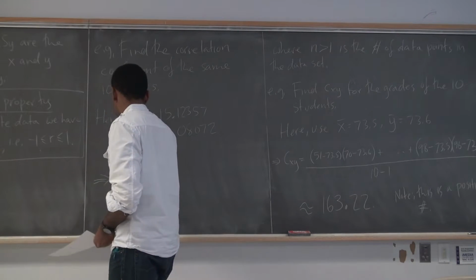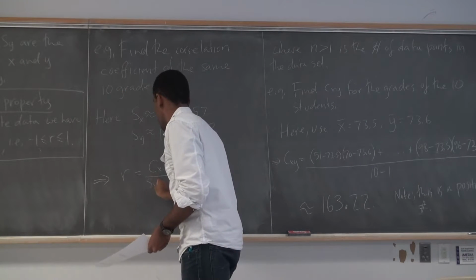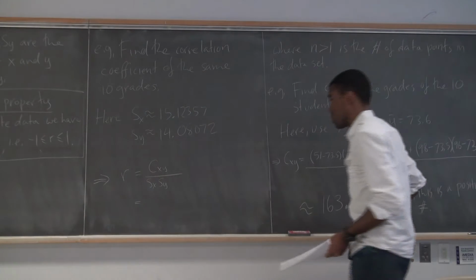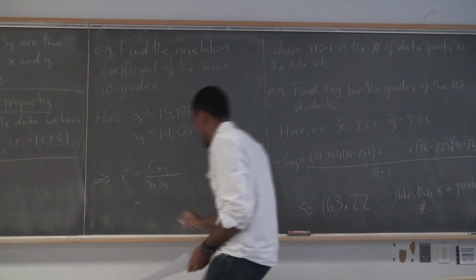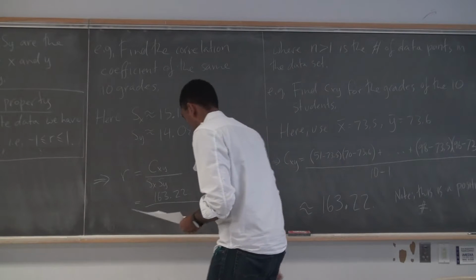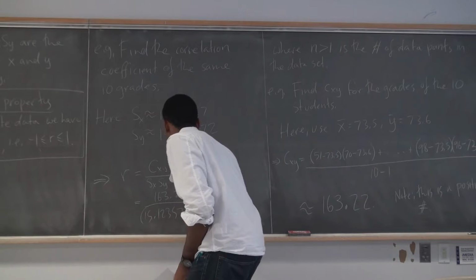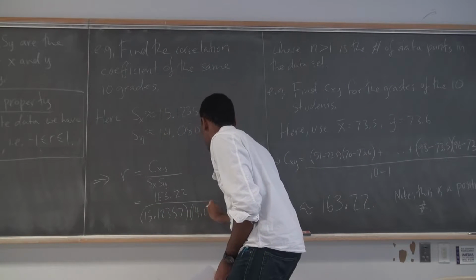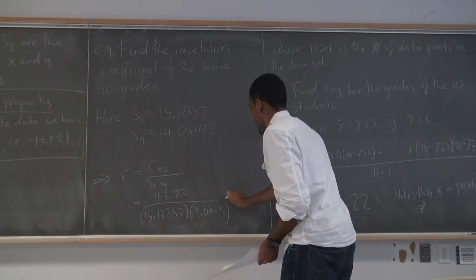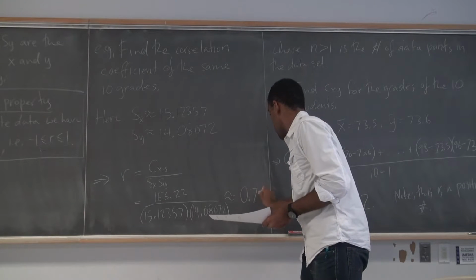This means that my R value is CXY over SX times SY, which is, I got the CXY last time over here, so I'm just going to plug that in. 163.22 divided by 15.12357 times 14.08072. And this ends up being, in this particular case, 0.766.